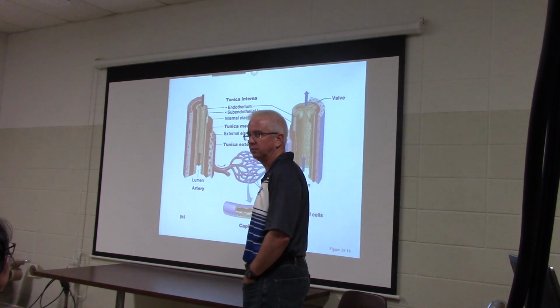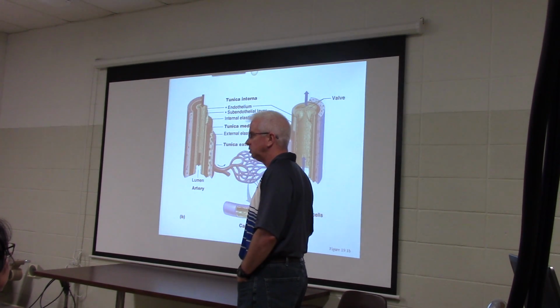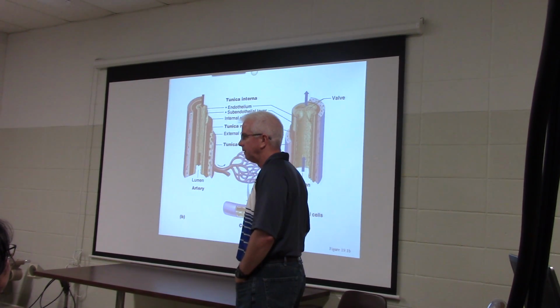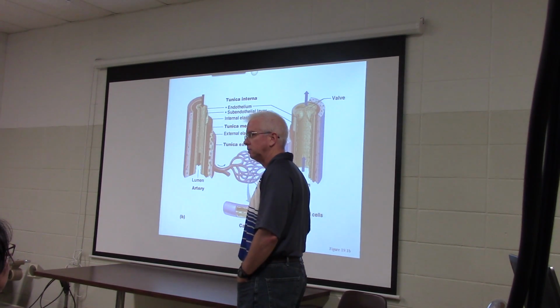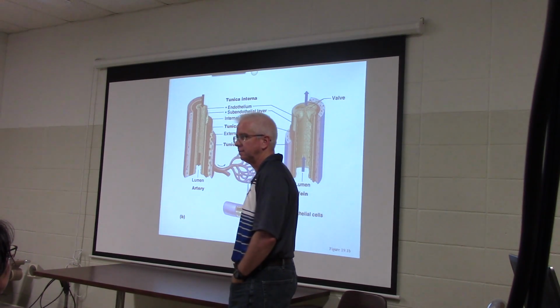The anatomy is different. So answer me this, is this single unit or multi-unit? These are single unit smooth muscle sheets connected by gap junctions, innervated by varicosities. Okay? Now, what is the difference in the smooth muscle lining of the artery versus the vein?